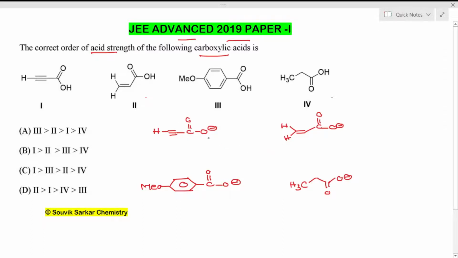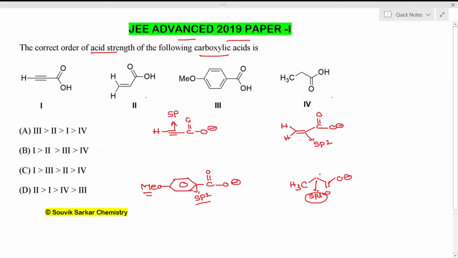In the first case, the carboxyl group is attached to a carbon atom which is sp hybridized. In the second case, the carboxyl group is attached to an sp2 hybridized carbon atom. In the third case, the carboxyl group is attached to an sp2 hybridized carbon atom which is part of an aromatic ring, and there is a methoxy group attached at the para position of this aromatic ring. In the fourth case, the carboxyl group is attached to an sp3 hybridized carbon atom.